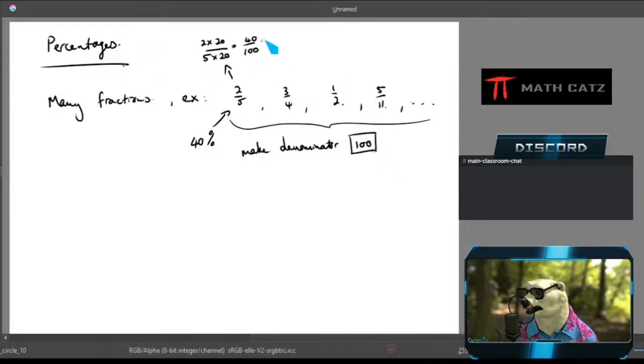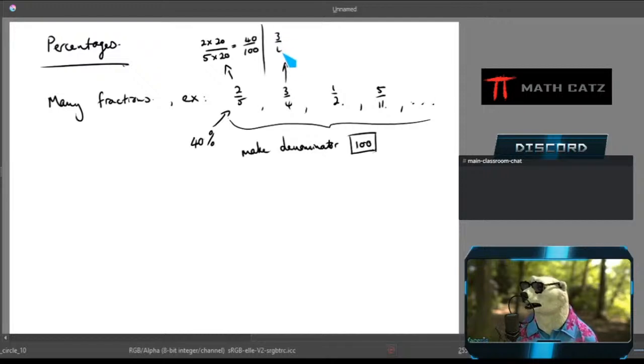Why write the full fraction? We're only concerned with the numerator because that's the only thing that could possibly be different if the fraction is standardized to have denominator 100. So we only reference the numerator, and then we say, well, it's a percentage, meaning it's a fraction over 100. This one, let's see if I can squeeze it in here.